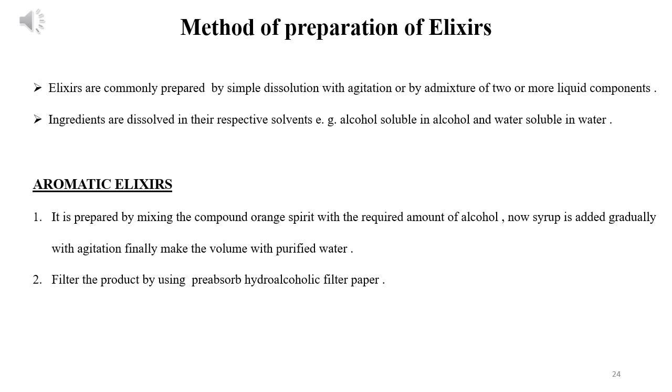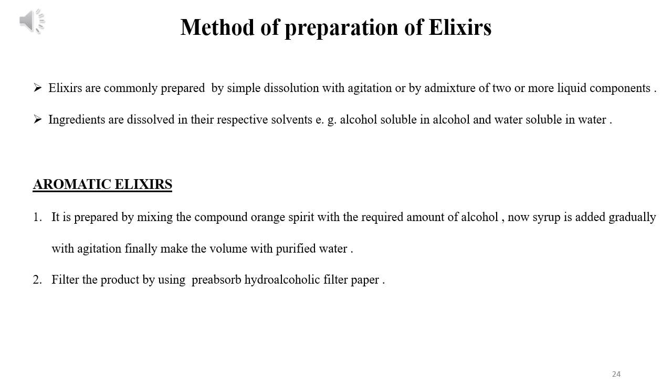An example of elixir is aromatic elixir. It is prepared by mixing the compound orange spirit with the required amount of alcohol. Now syrup is added gradually with agitation. Finally make up the volume with purified water. The orange spirit is alcohol soluble, so that's why we add it into alcohol.